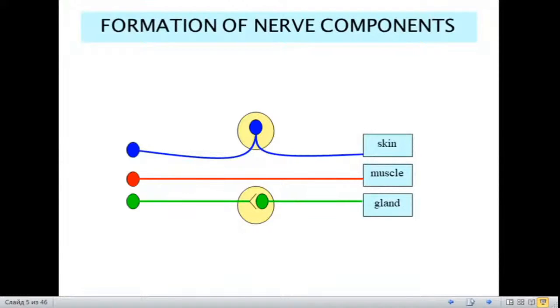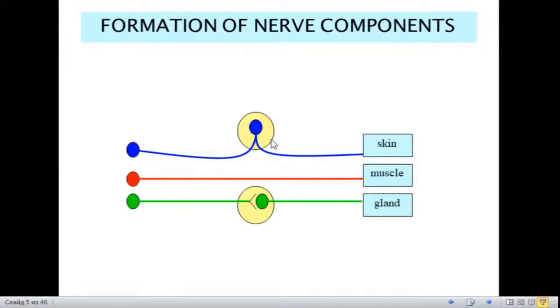Next, formation of nerve components. I think you understand that cranial nerves might have 3 basic components: sensory, motor, and parasympathetic. And this picture shows formation of each of these components. First one, sensory component. As you know, there are two types of sensory cells due to structure. They are bipolar or pseudo-unipolar neurons and cell bodies of these neurons are located in the sensory ganglion.